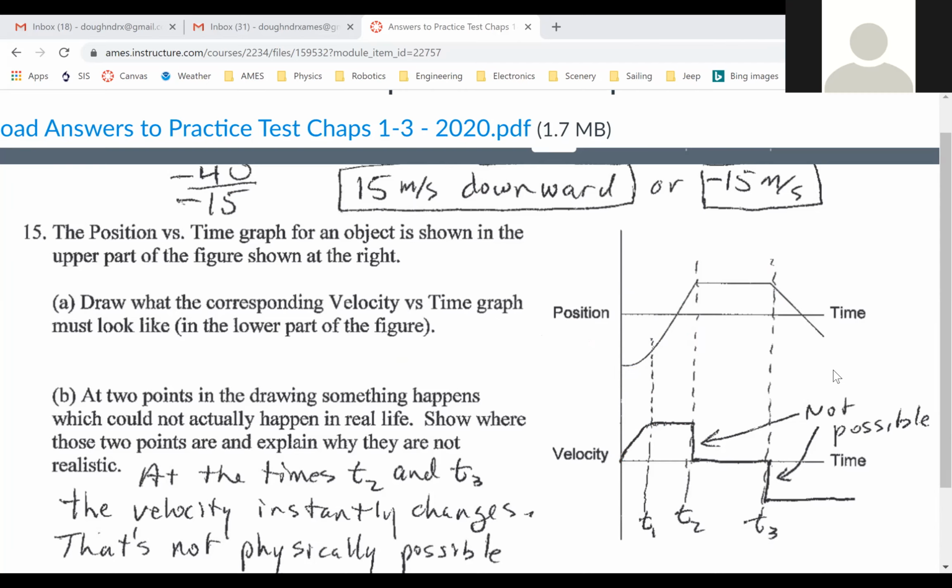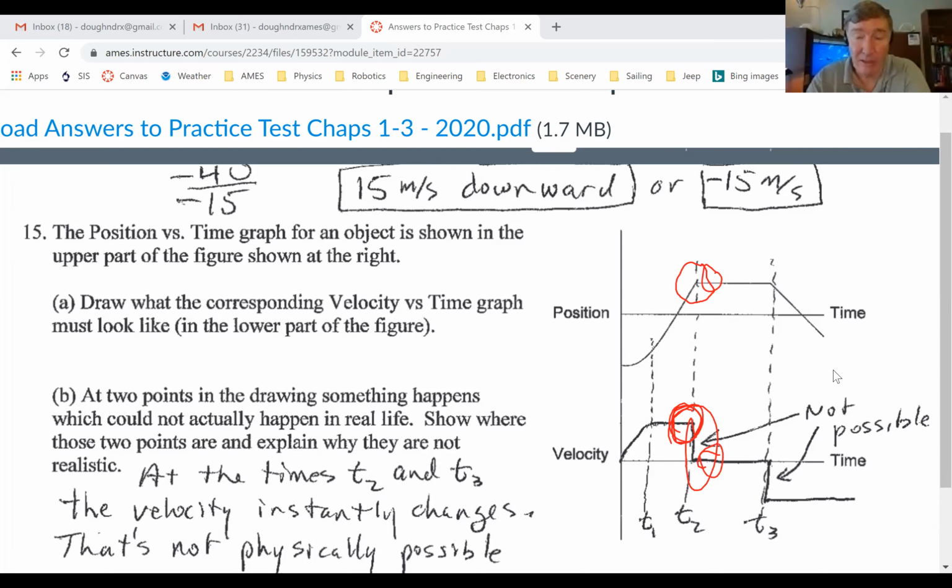Yeah. All right. And you guys understand about this part right here, where because we've got a sharp kink in the graph, what that means is that our slope went from some non-zero number down to 0 instantly, which is not possible in real life.